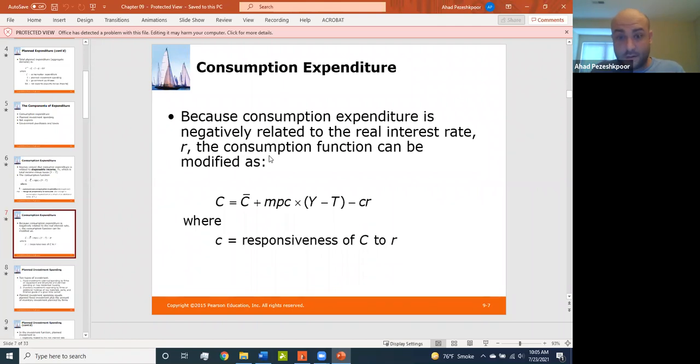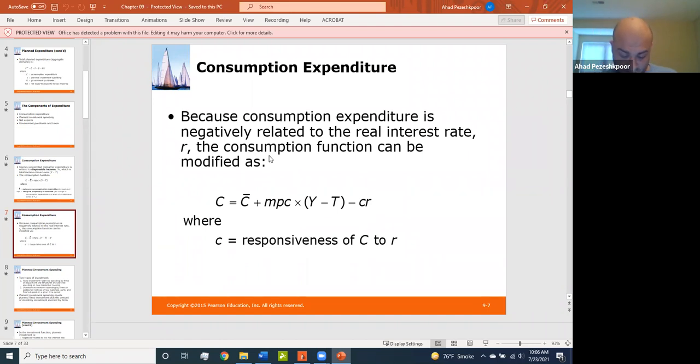So one part of what drives you towards making that decision is your disposable income. The disposable income part will incentivize you to consume. The second one is how much you're expecting to gain if you save money. That would disincentivize you from consumption and incentivize you to save.